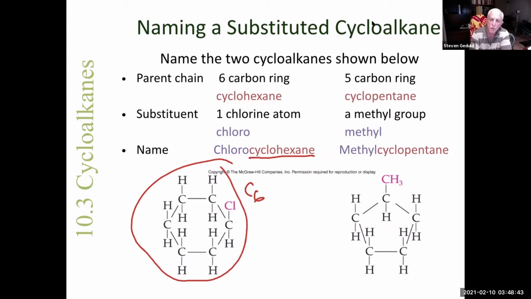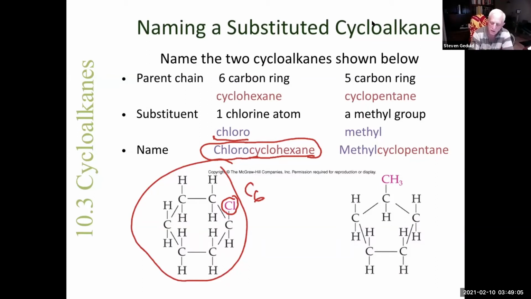And there's 1 attachment. Here's your chlorine group. So there's one chloro. So the name is going to be chlorocyclohexane or 1-chlorocyclohexane. Doesn't matter because it can be at any position you want. You just rotate that in 3-dimensional space. So if there's only 1 substituent, you can just name it as chlorocyclohexane.